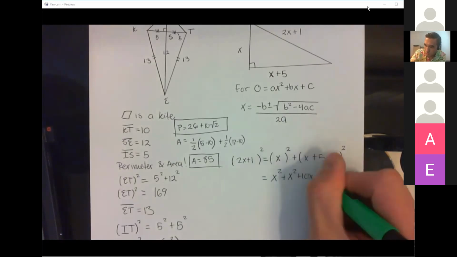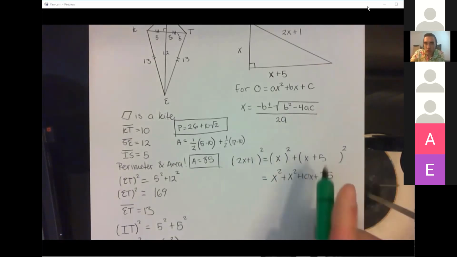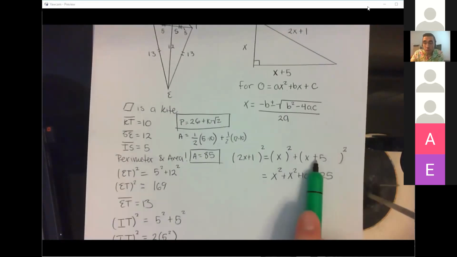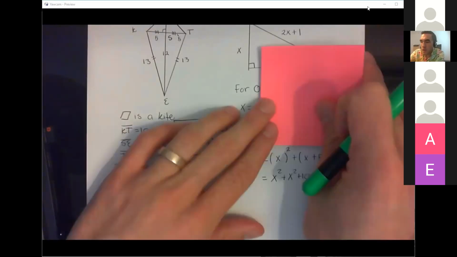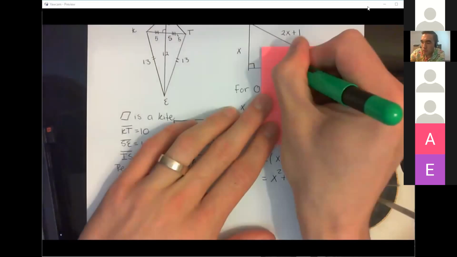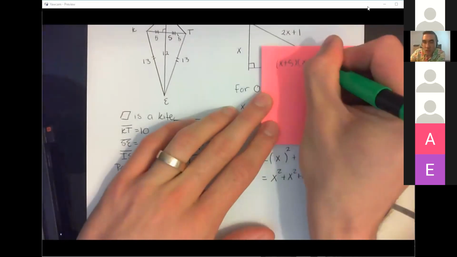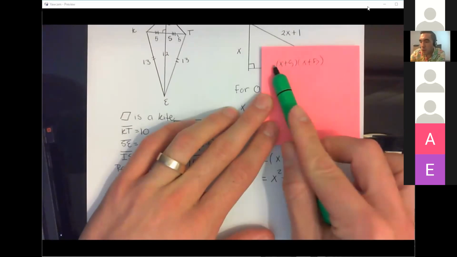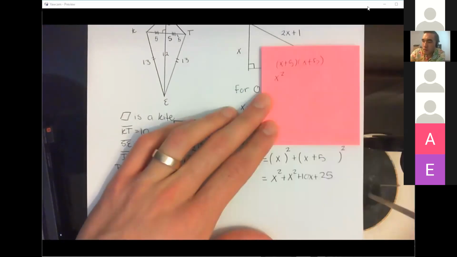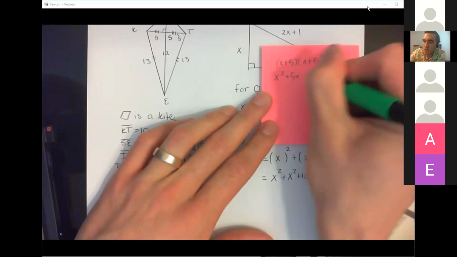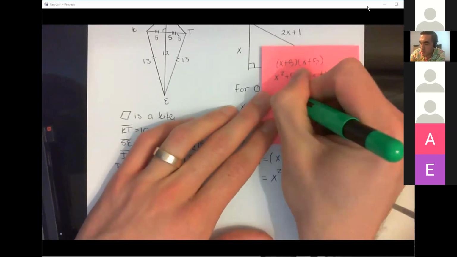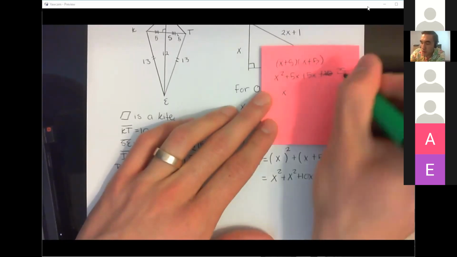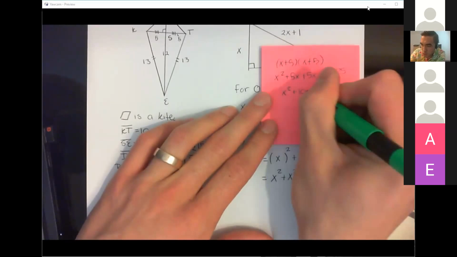Whenever you are squaring a binomial, you must FOIL it. x plus 5 squared is literally x plus 5 times x plus 5. And so we have to go first, outer, inner, last. x squared plus 5x plus 5x plus 25. x squared plus 10x plus 25.